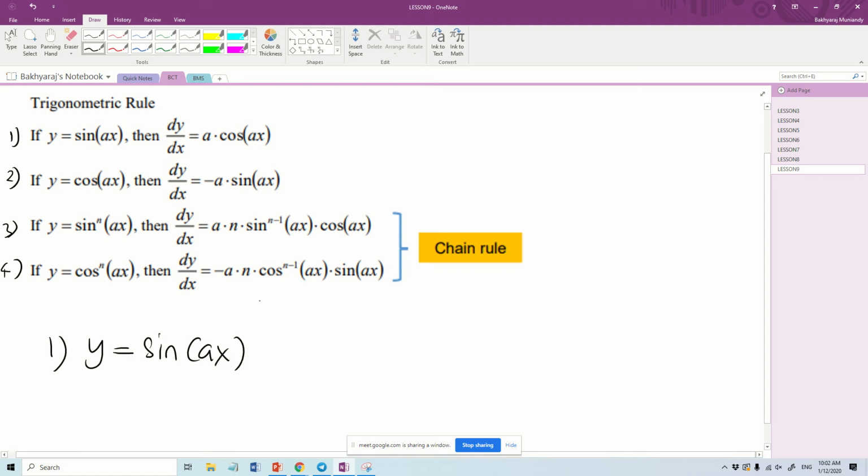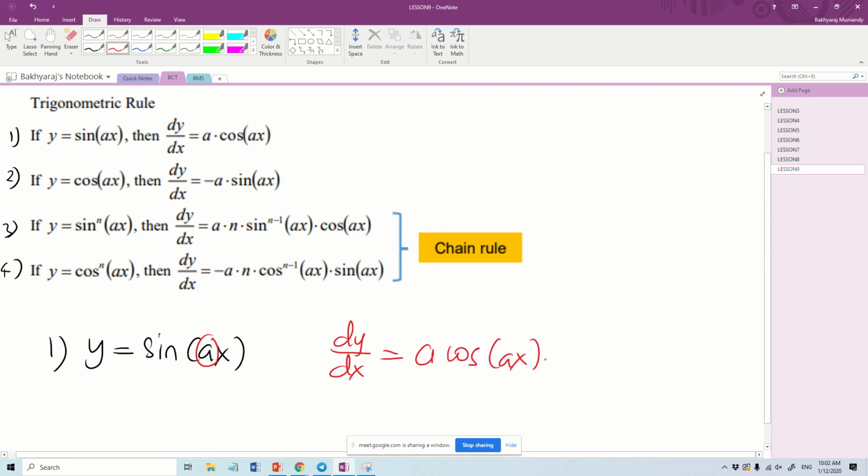We have y equals sin ax, and our derivative function will be dy/dx. Remember, when we have a, we take it out and put it outside, and sin changes to cos ax.